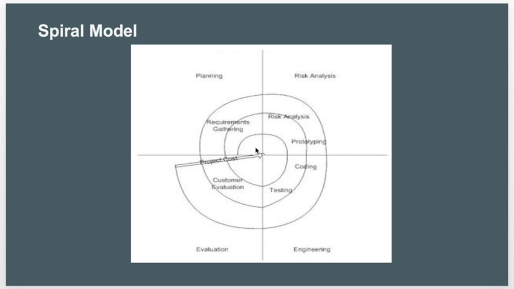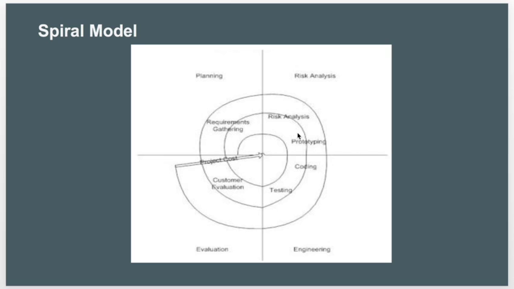Okay, I'm going to introduce the spiral model. The spiral model is similar to the incremental model, with more emphasis placed on risk analysis. The spiral model has four phases: planning, risk analysis, engineering, and evaluation. A software project repeatedly passes these phases in iterations.